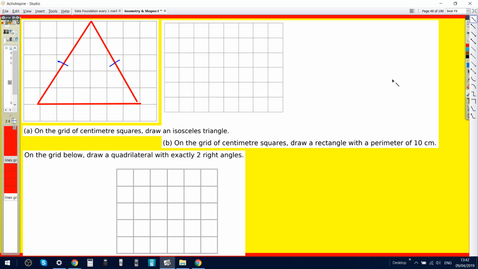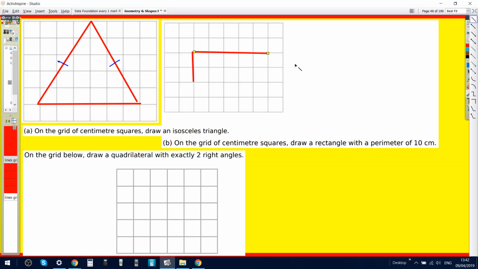That would make it a square. No. So at first you said 2 up, 5 along. That would be half a rectangle, but half of the perimeter would be 7.